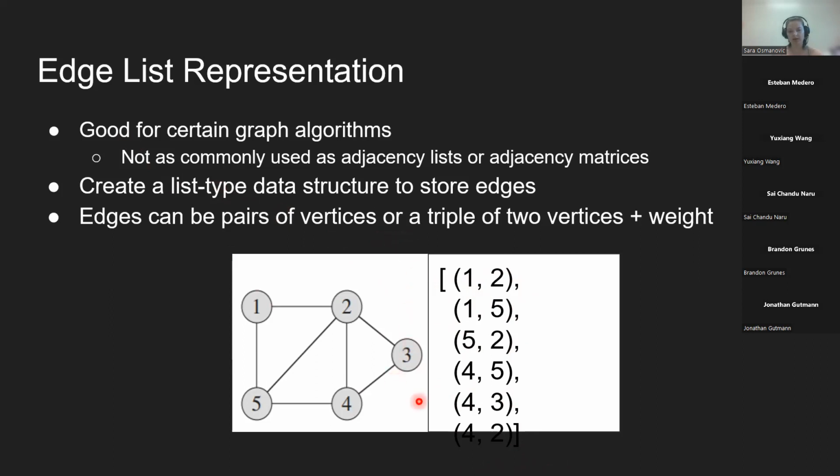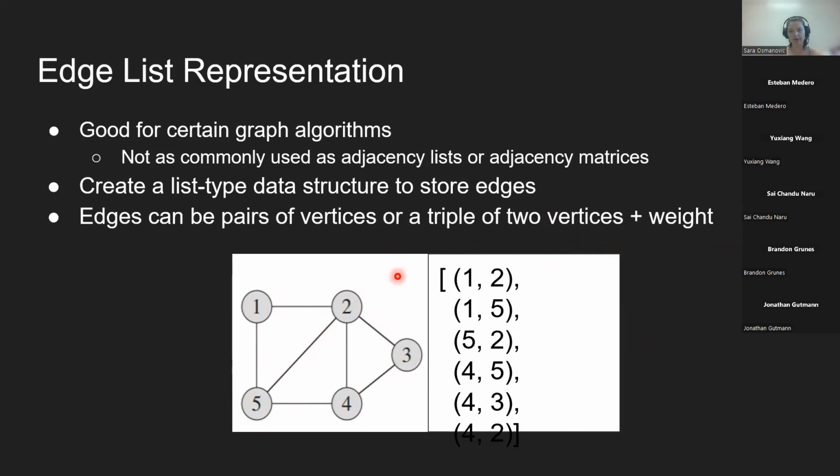So if you look at our graph here, it's the same graph as before. Representing this graph with an edge list would be just listing all these edges. So edge 1 to 2, edge 1 to 5, edge 5 to 2, edge 4 to 5, edge 4 to 3, edge 4 to 2. And you can have 2 to 3, etc. This is just an example.